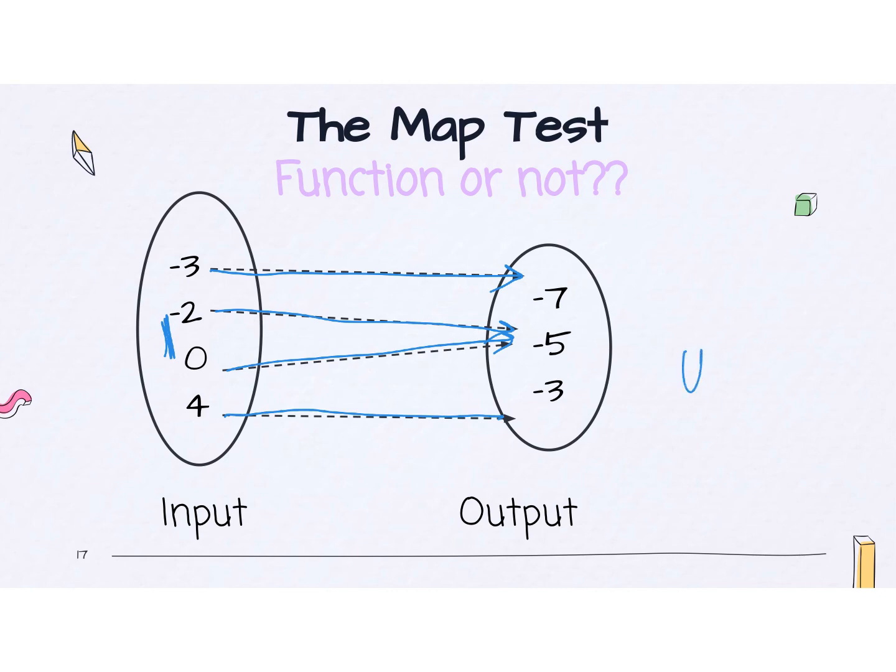This, yes indeed, is a function. You have 2 different inputs going to the same output. That is okay. Versus the slide before, which had 1 input and 2 unique outputs.